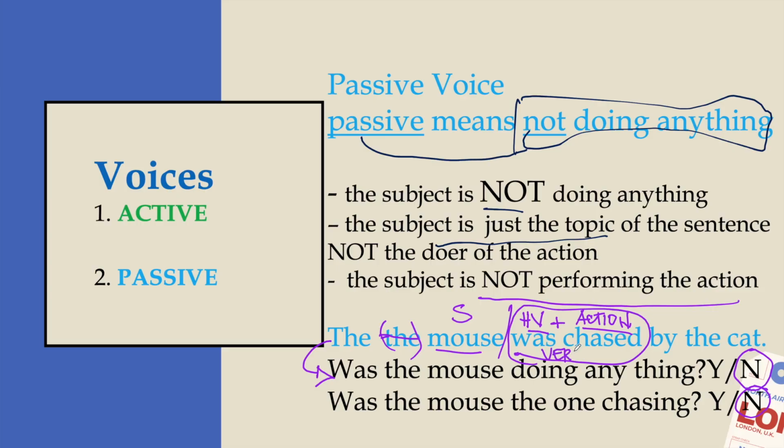You have the helping verb in any form of be, like was, the past form of be, followed by the action verb. Again, the voice of the verb is passive when the subject is not doing anything. The subject is merely the topic of the sentence.